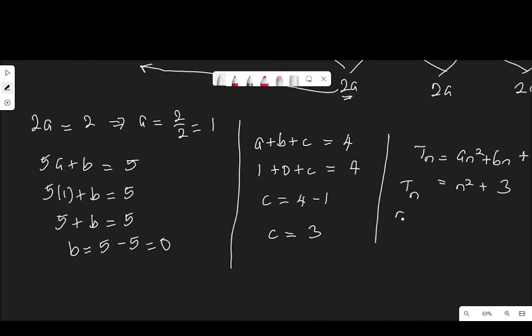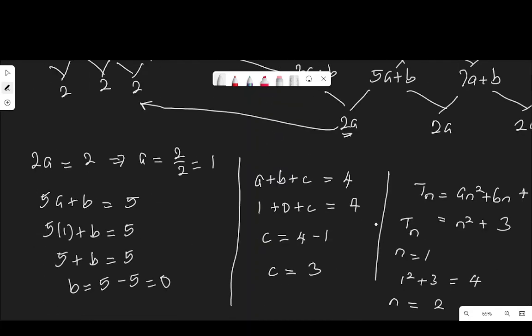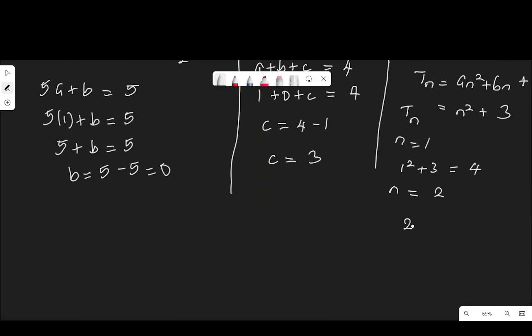So when n is equal to 1, by putting 1 there, 1 squared is 1, 1 plus 3 is 4. What about if n is equal to 2? The term is 7. Let's see whether we get 7. 2 squared plus 3. 2 squared is 4, 4 plus 3 is 7.